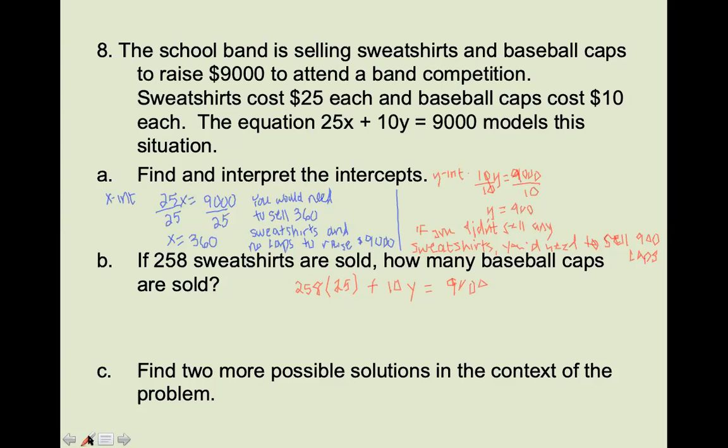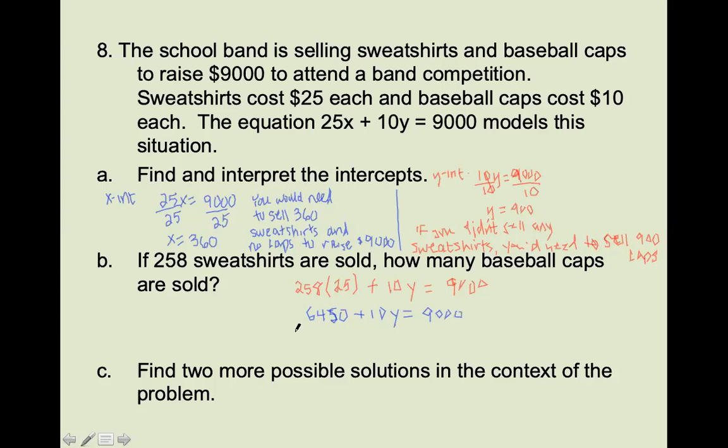At least that's what we're assuming here. So 258 times 25 gives us 6,450 plus 10y. Remember, we're trying to figure out caps, equals 9,000.